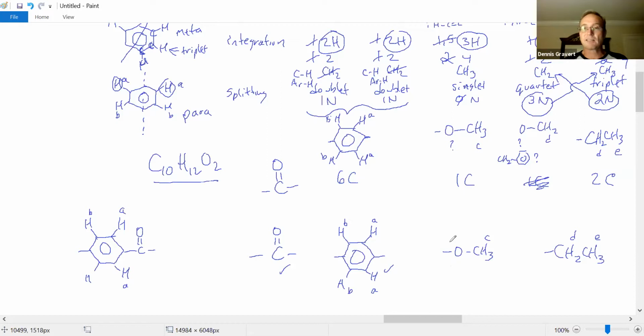Now you decide this end piece, the ethyl group, do you want it on the right side or the left side? The only thing we have to help us is the position of these hydrogens. So if we put these hydrogens here, then these hydrogens are next door to a ketone.